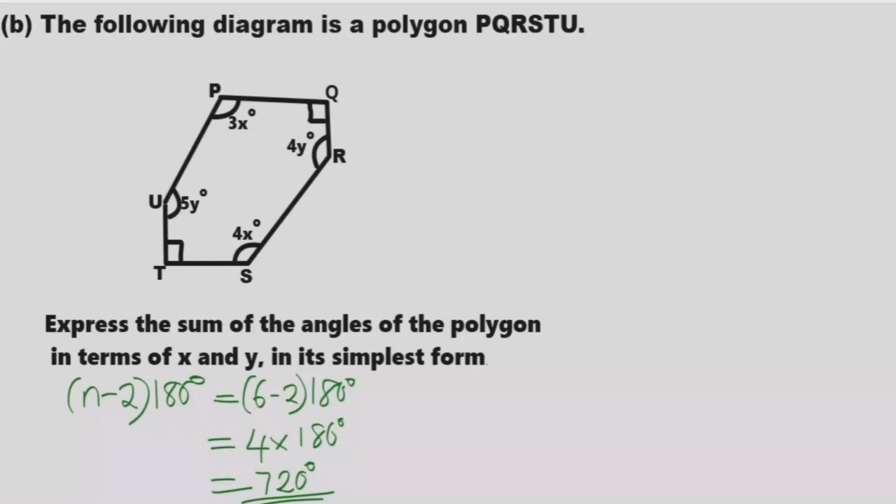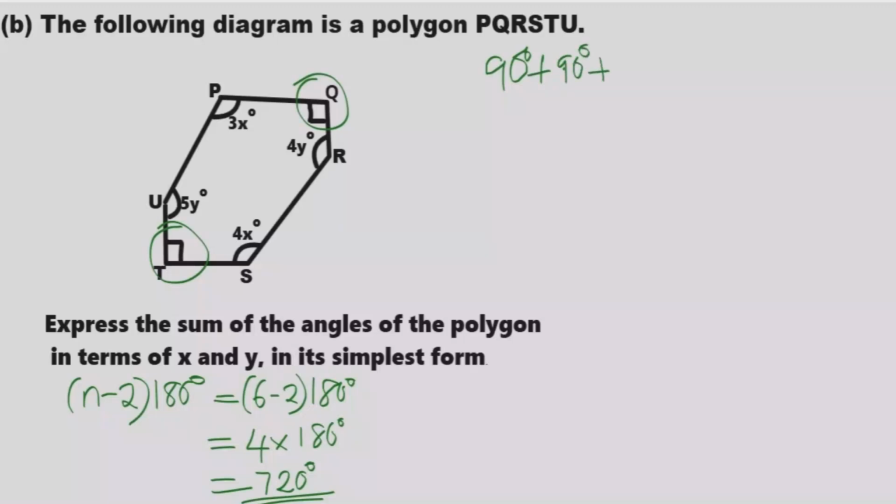So let me start at T. We have 90 degrees there. So we say 90 degrees. Then to avoid many steps, I also look for other angles that are given. We also have 90 degrees there on Q.